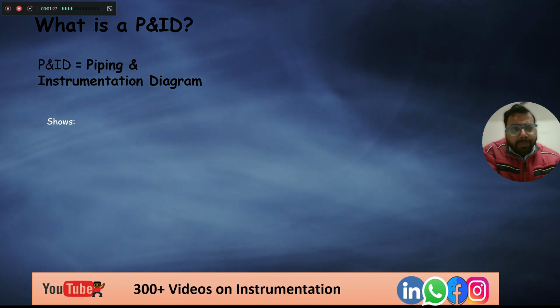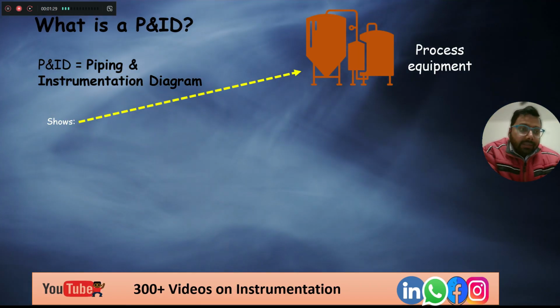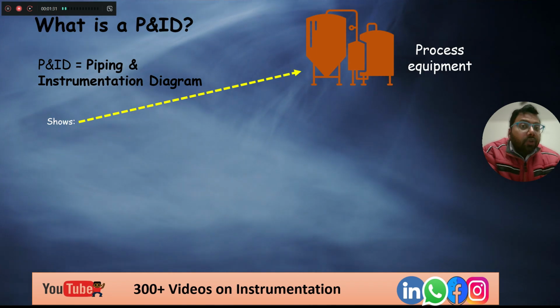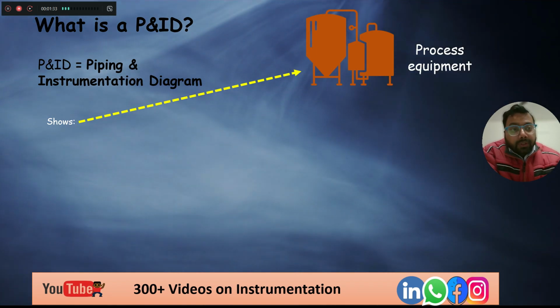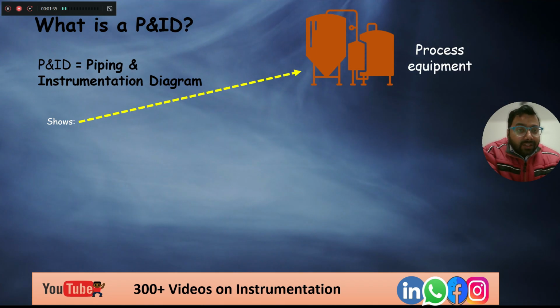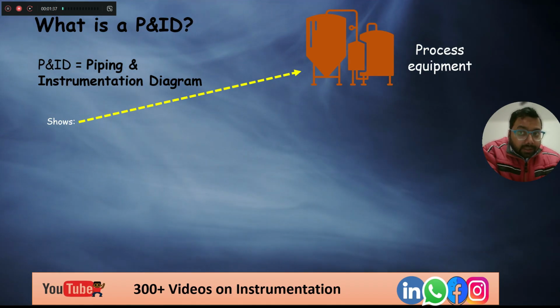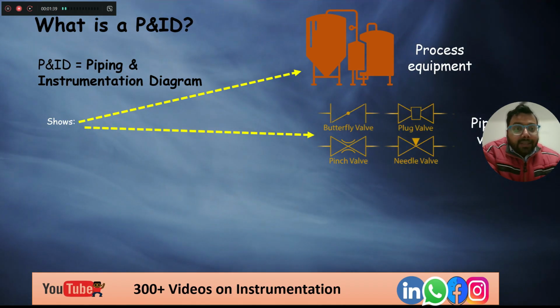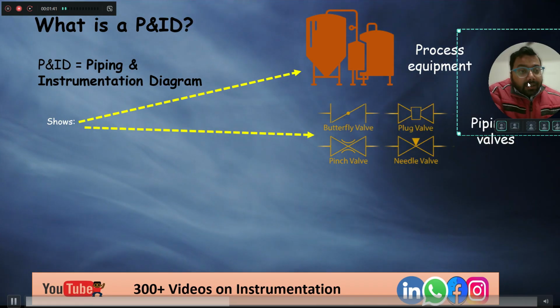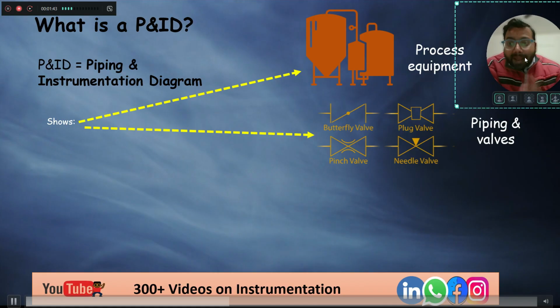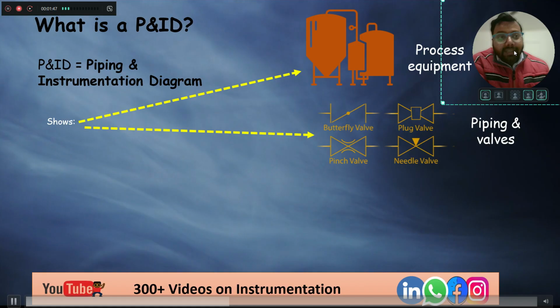Now, what does the P&ID show? Let's see one by one. P&ID shows the process equipment. It shows which type of process equipment and what the size of the equipment is. Next, it shows what kind of valve is there, what kind of line is there, what the line size is, and what the line material is. Everything is available in the P&ID.